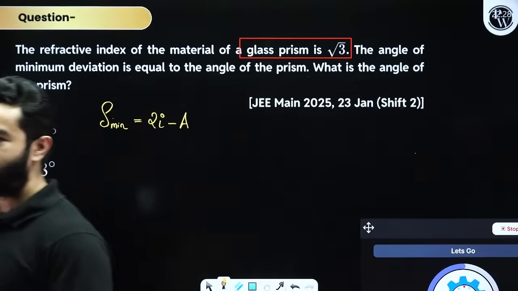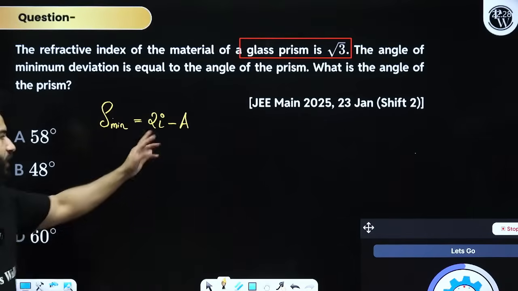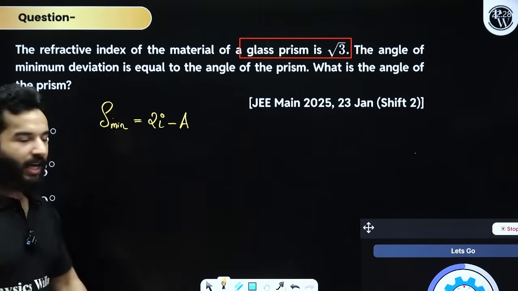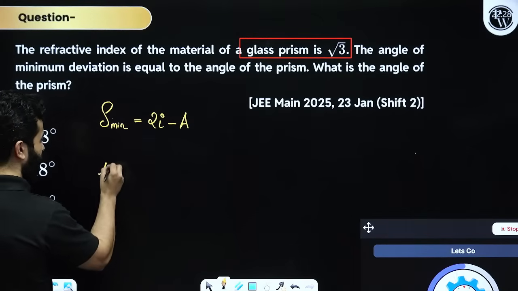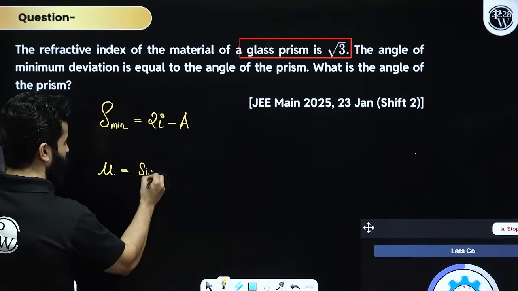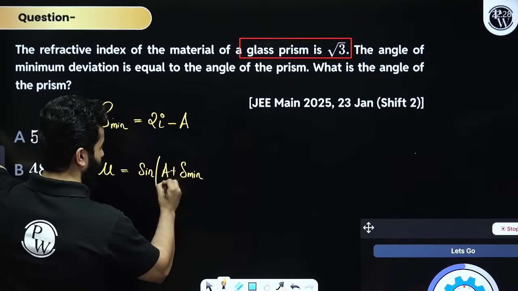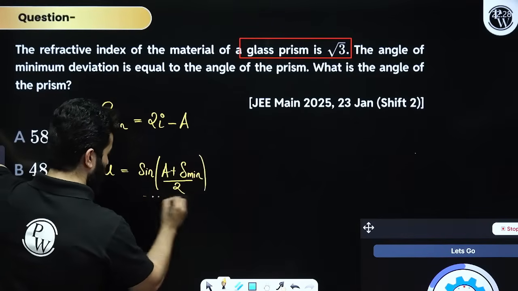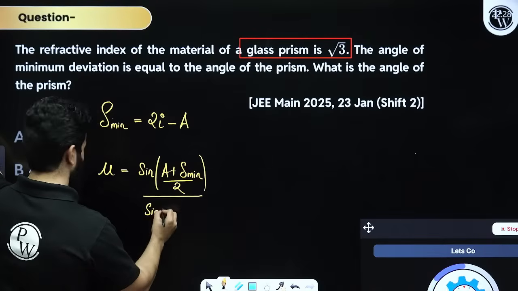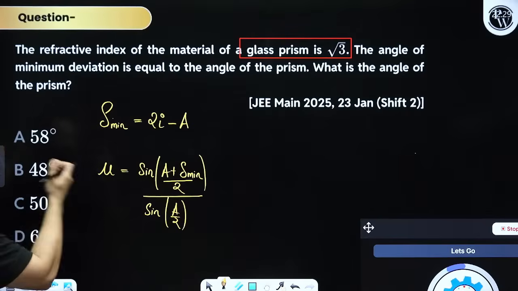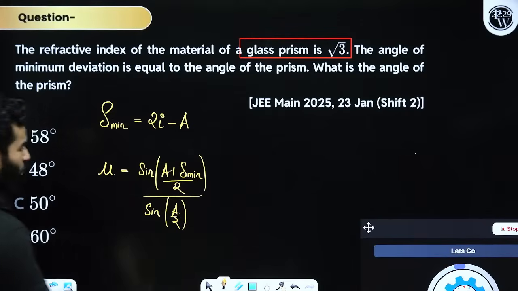Minimum angle of deviation is 2i minus A. And refractive index is written as sine of (A plus delta minimum) divided by 2, whole divided by sine of A by 2. They have told us that this is √3.